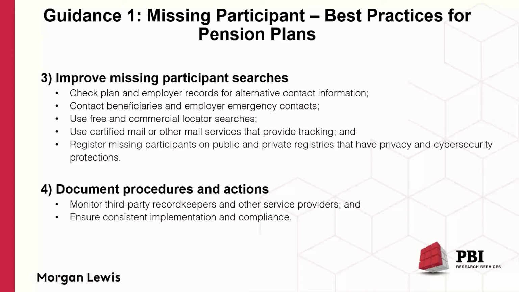So for example, using social media, publishing a list of missing participants on the firm intranet. Those types of steps are maybe helpful in some circumstances, but I think also raise some potential privacy issues and the potential for fraud and identity theft that I don't think the DOL really adequately addressed in putting that piece of guidance out there.